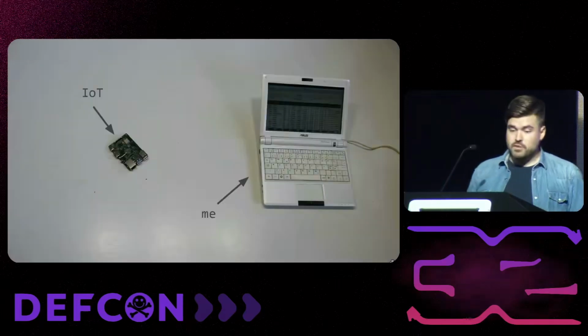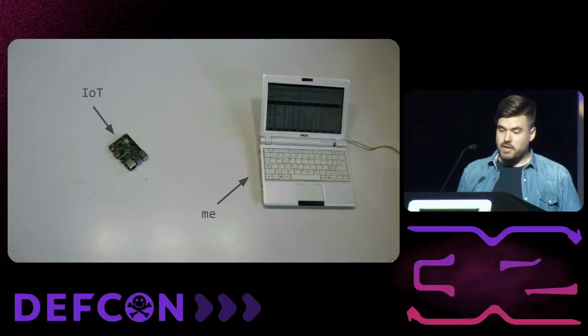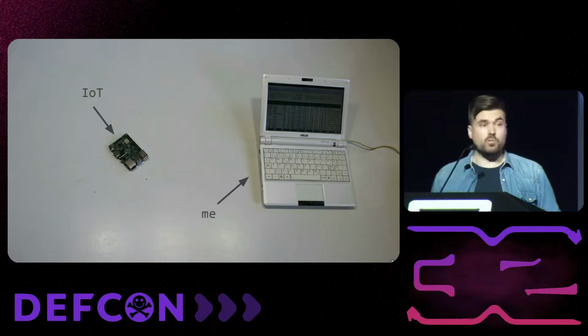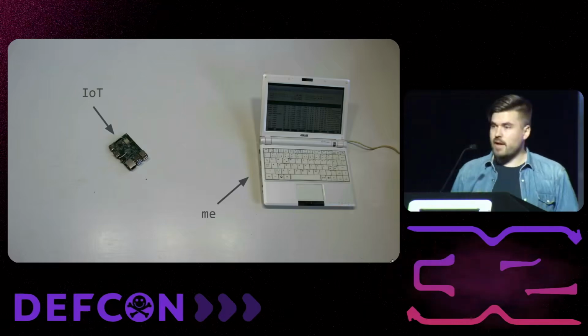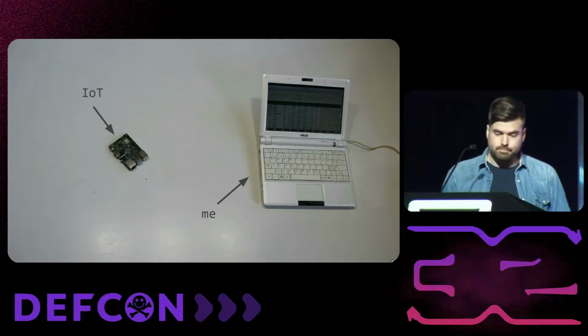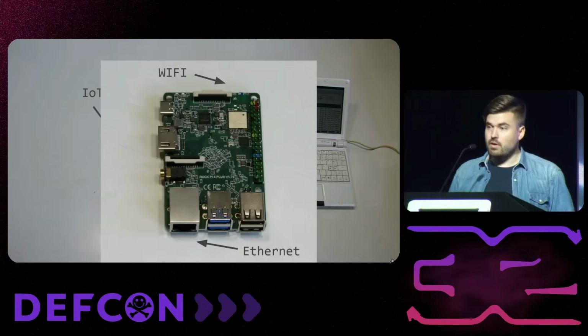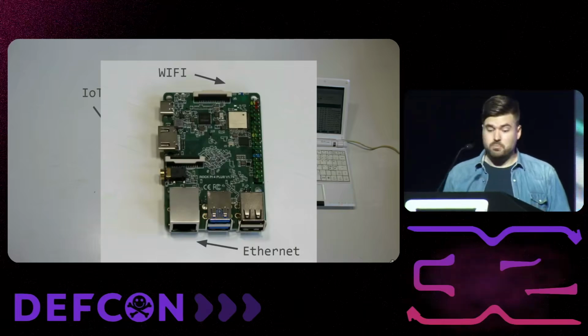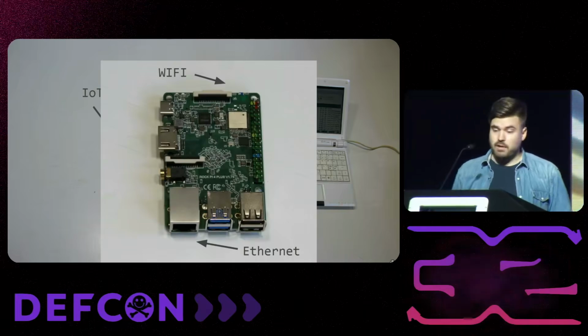But yeah, so here is some IoT and my trusty EPC, and I want to see how it works. I might want to hack it, or I might want to check out something about it. This particular device connects to the internet with an Ethernet port or Wi-Fi.